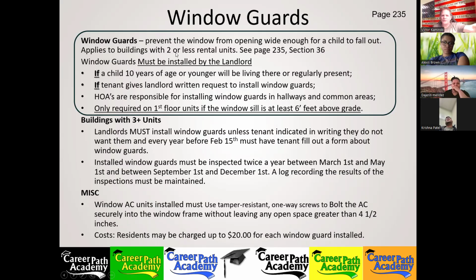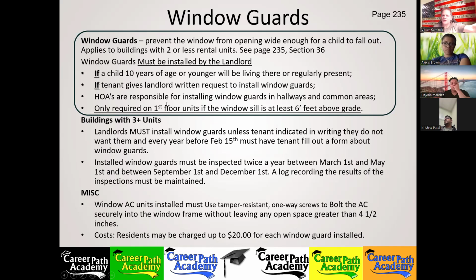It applies to buildings with 2 or less rental units. Window guards must be installed by the landlord if a child 10 years of age or younger is going to be living there or regularly present there, and if the tenant gives the landlord a written request to install window guards.